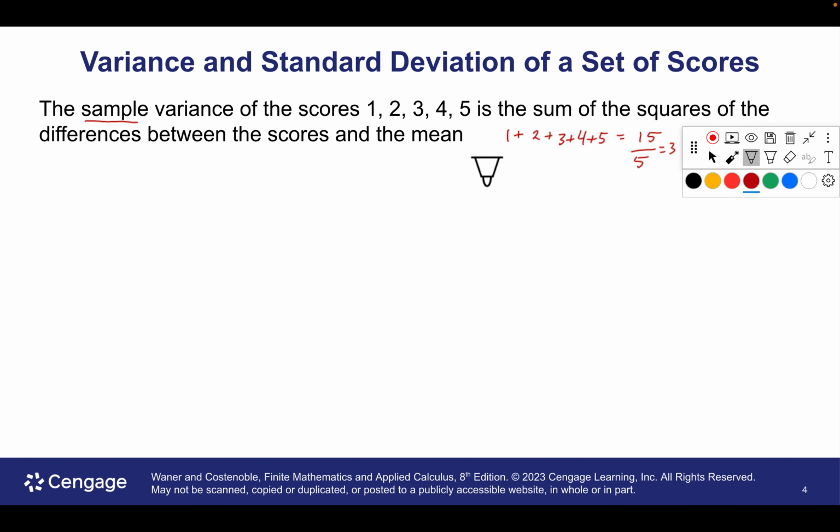What did we use for the mean? This is X bar, because it's a sample. So we calculated that. Once we got that, we take each piece of data, subtract the mean from it, and square it. If you have a lot of these, this gets very tedious, but we'll enter them into a calculator and have it do it for us.